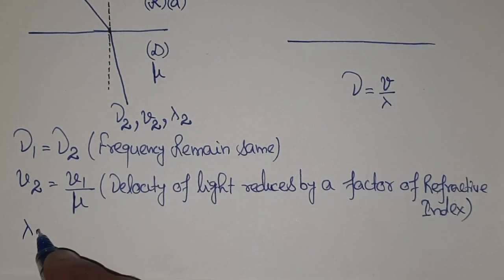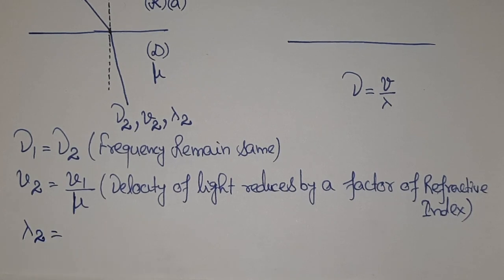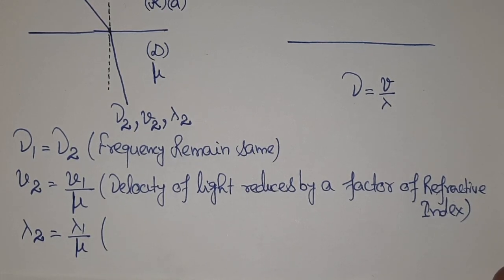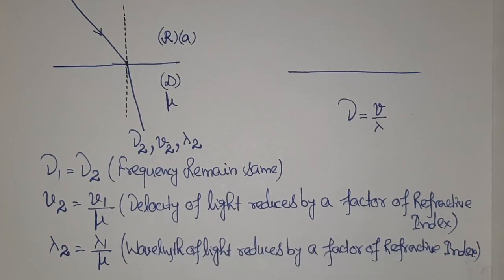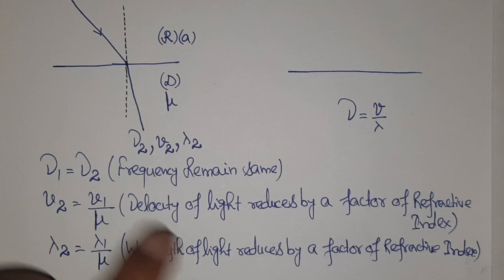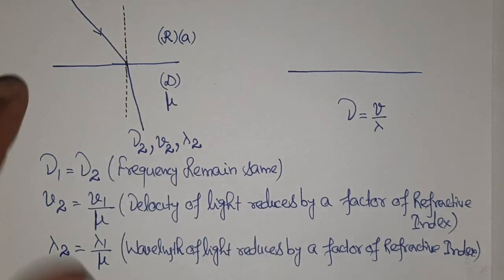Wavelength lambda 2 will be equal to lambda 1 by mu. That is, wavelength also reduces by a factor of mu. In this way, the different quantities related to light, frequency, velocity and wavelength, change in refraction.